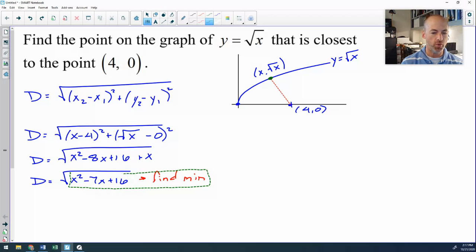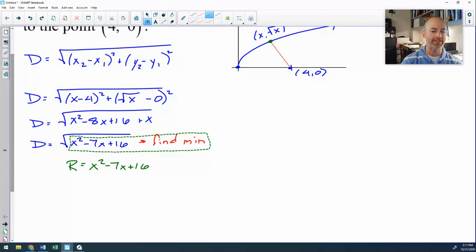I can kind of ignore the square root, and if I minimize the radicand, what's underneath it, I will by default minimize the distance. So I'm going to pull out what's under the radical, and I'm going to call it r for radicand. And I'm actually going to minimize that, and the differentiation just got significantly easier.